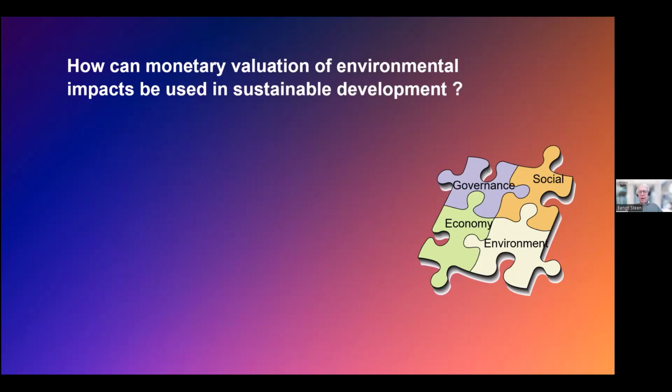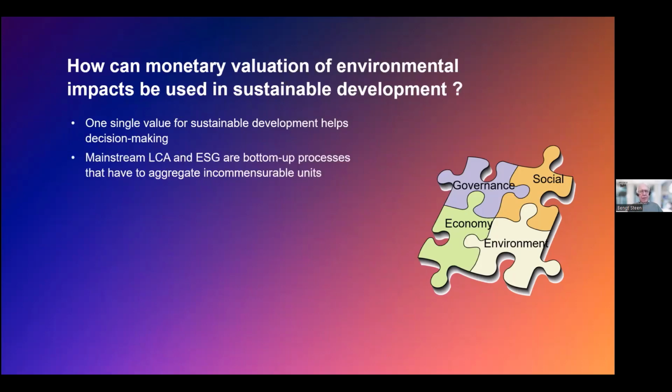The monetary value of impacts on the environment has to be somewhat aligned with the economic issues and social issues, and also be used in governance. I think this is an important issue. So we need one single value for sustainable development that would help in decision making.